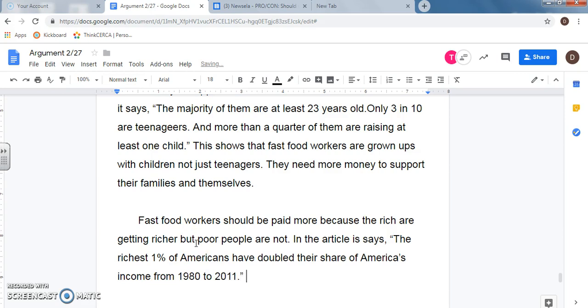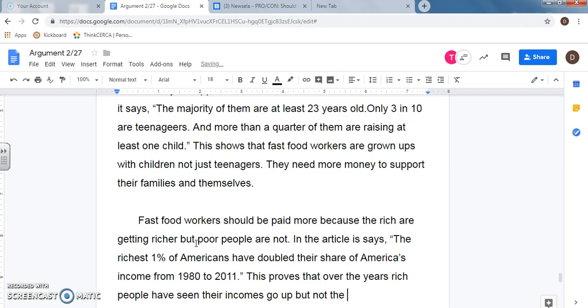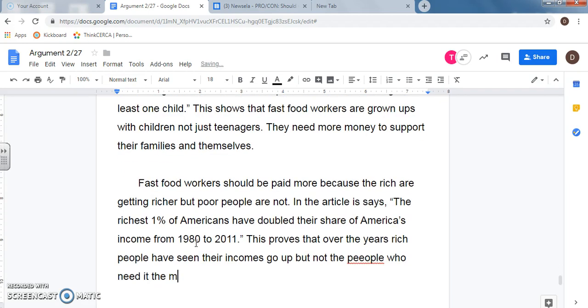Okay, so what? Okay, I got to give my reasoning to explain that and how that helps my argument, my points. Okay, so this proves that over the years, rich people have seen their incomes go up, but not the people who need it the most.